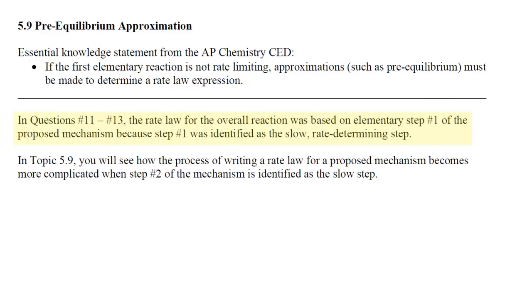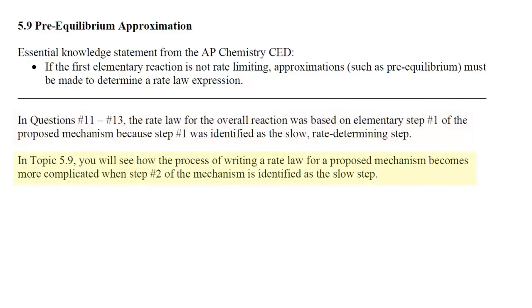So what I'd like to do is contrast what you have already seen in questions 11, 12, and 13 with something different that you're about to see in question 14 of this packet. So if you recall, in questions 11, 12, and 13, the rate law for the overall reaction was based on elementary step 1 of the proposed mechanism. And the reason why it was based on step 1 is because step 1 was identified as the slow rate determining step.